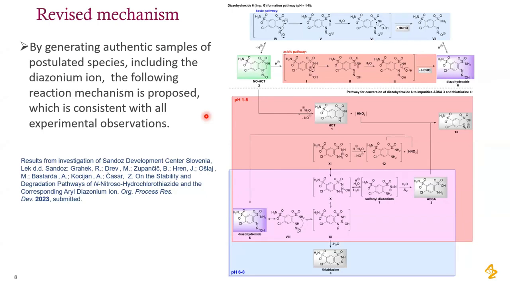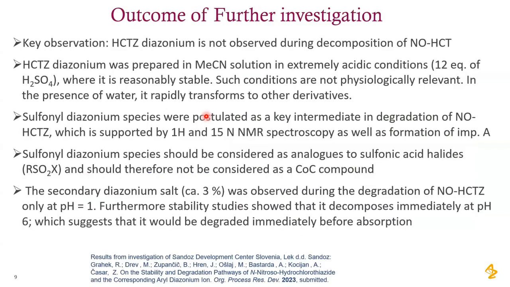Time doesn't permit me to go through and explain this in a great deal of detail, but I can make some clear observations. The diazonium that we would be so concerned about is not observed during the decomposition of the nitrosamine of hydrochlorothiazide. Indeed, as part of this work, in order to evaluate this, an actual authentic sample of the diazonium ion was prepared.